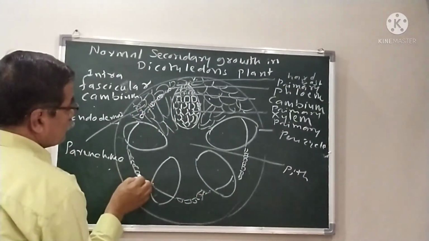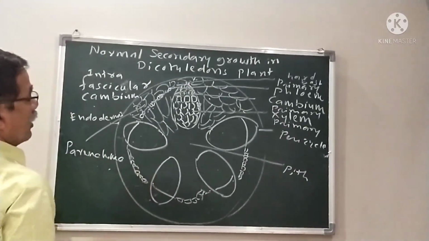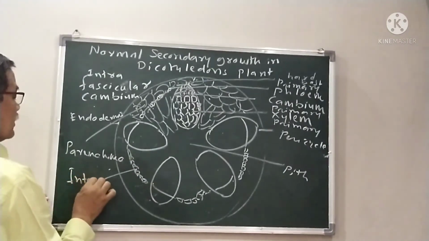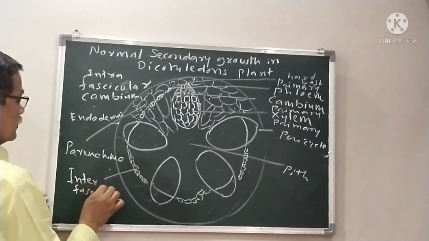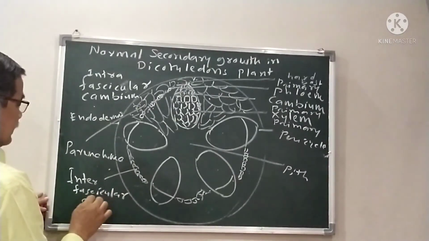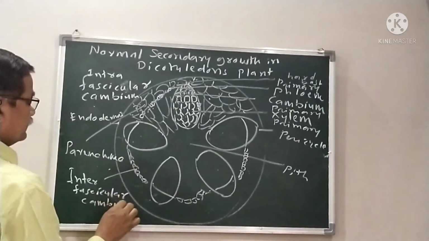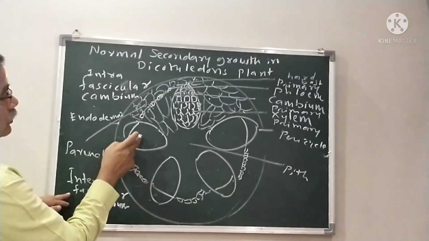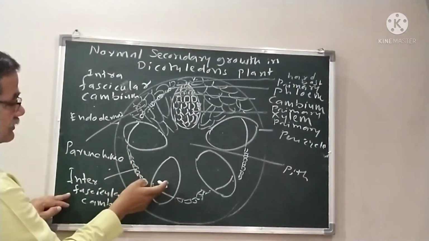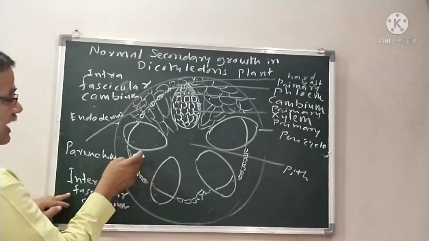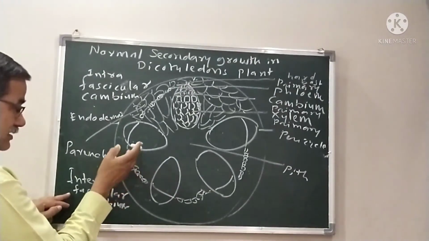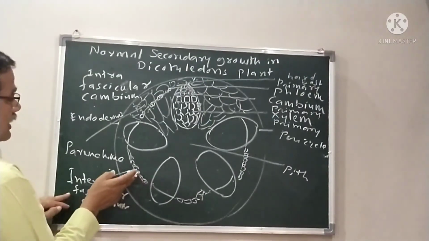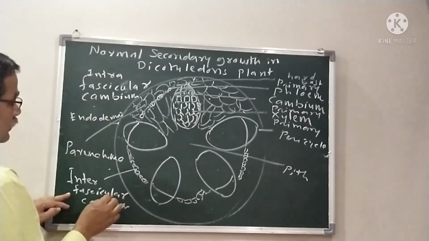Such a type of vascular cambium which is formed is known as the interfascicular cambium. Fascicle means vascular bundle. In between the two vascular bundles, the parenchyma cells become very much active and form cambium, and such tissue is known as the interfascicular cambium.